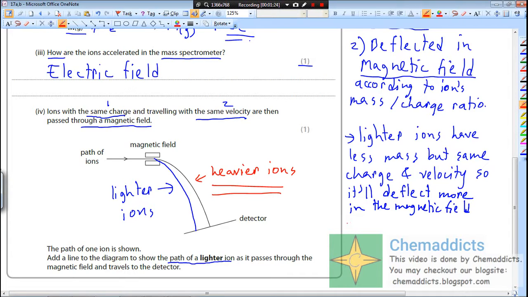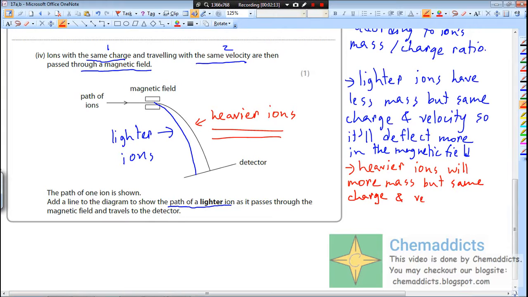For heavier ions, if we see, heavier ions will have more mass but the same charge and velocity, so it will deflect less.